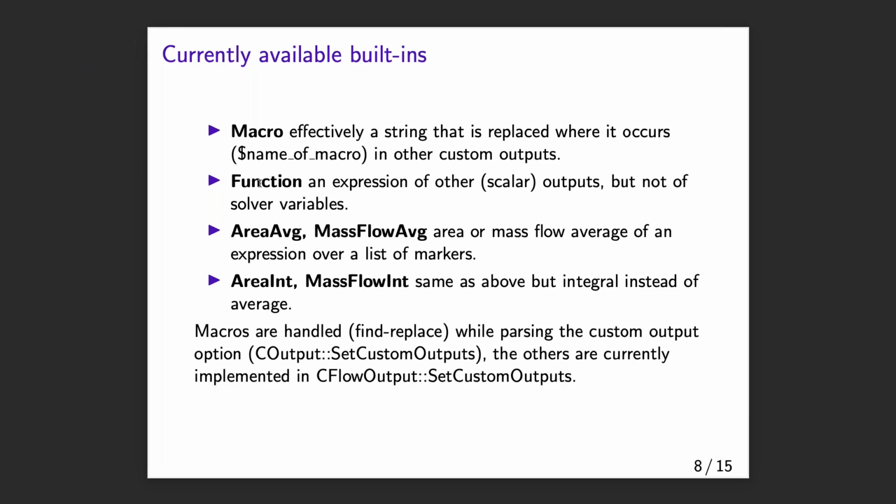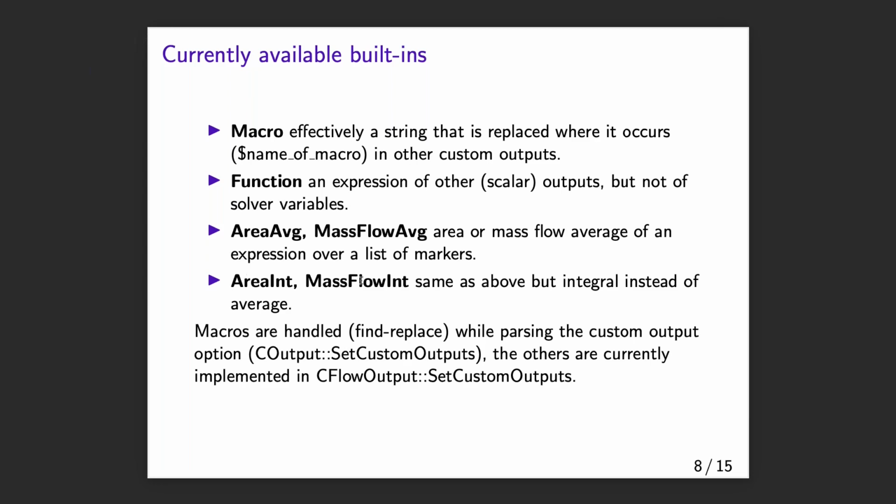Then there's a function, and function is an expression of other scalar outputs, but of course cannot use solver variables because those are kind of fields. And then we have area averages and mass flow averages that compute, either one or the other over a list of markers, and this can operate on solver variables and will give you a scalar quantity.